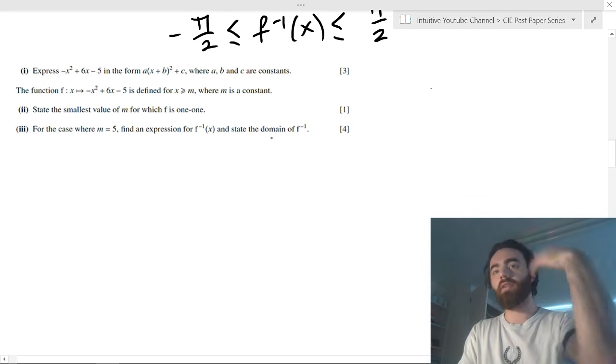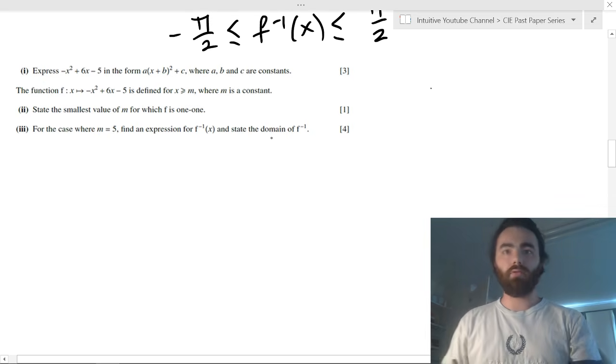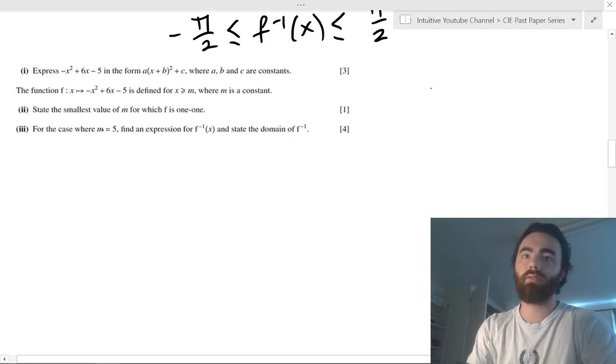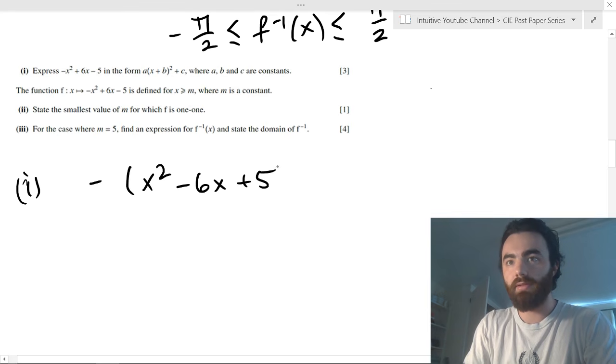So this is the other archetype, the other way that they can ask. They'll give you a complete the square function, so you've got to put it in this form. What I do is I first of all just take it as a negative, and this becomes this.